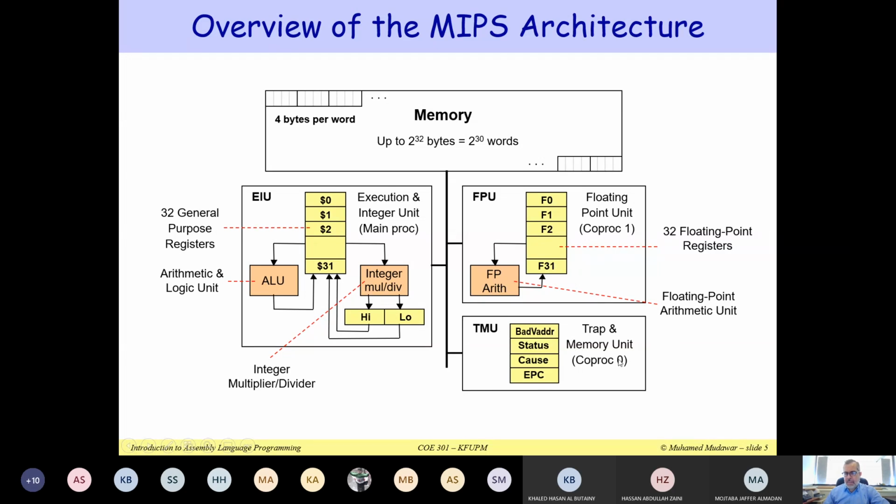Finally, we have here the trap and memory unit. This is used specifically when an exception happens. So when there is an exception like overflow, or we have a different type of exception, then the CPU is going to interrupt the execution. Or when you have an interrupt, then this is going to stop the execution of the program.